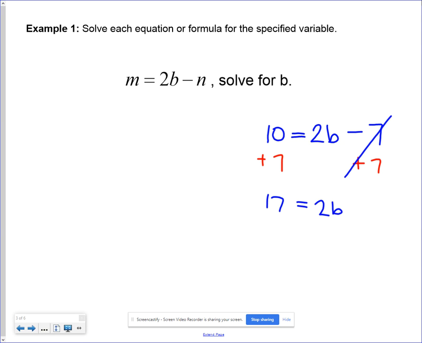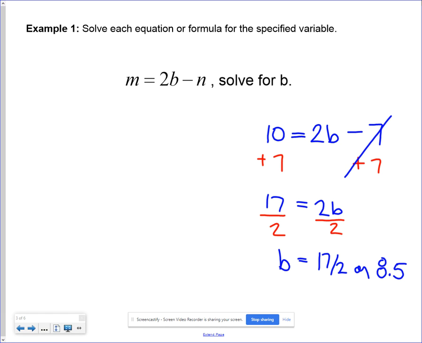Next, we would divide both sides by 2. And then the final answer is b is equal to 17 over 2. Or if you want to write that as a decimal, that's 8.5. So this blue equation took 2 steps.